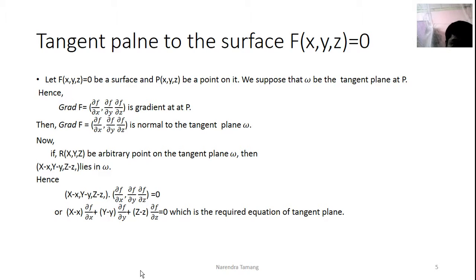Now if r(x,y,z) is an arbitrary point on the tangent plane omega, then (x minus x1, y minus y1, z minus z1) lies in omega. Hence the dot product of (x minus x1, y minus y1, z minus z1) and (df by dx, df by dy, df by dz) equals 0. And similarly from here we can write that (x minus x1) df by dx plus (y minus y1) df by dy plus (z minus z1) df by dz equals 0, which is the required equation of tangent plane.